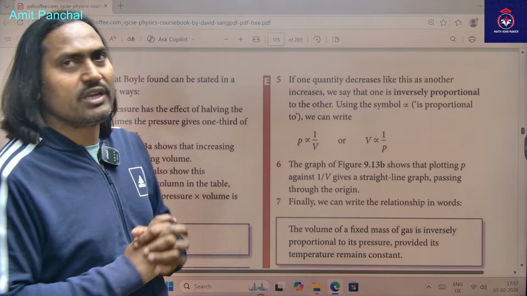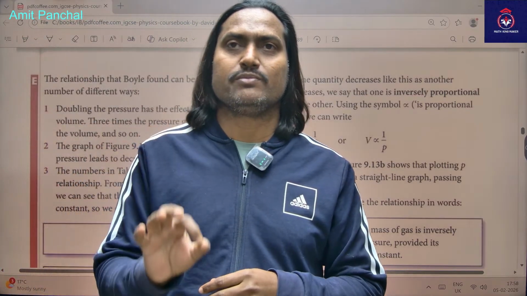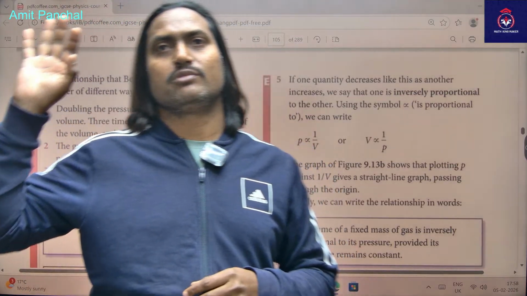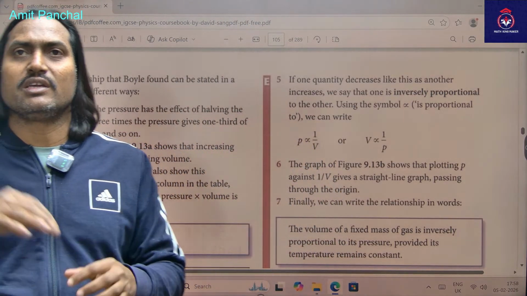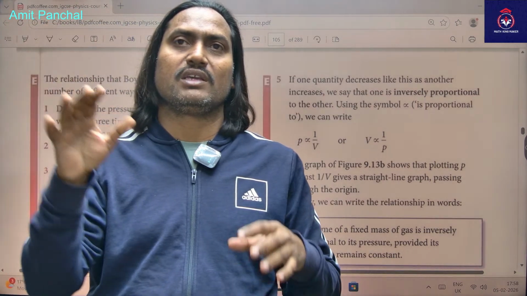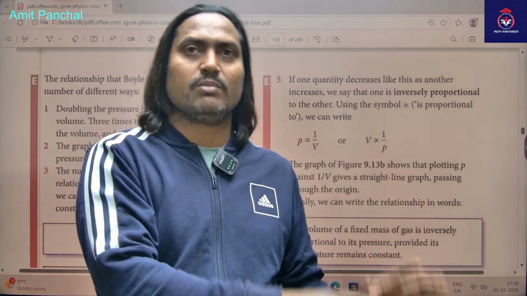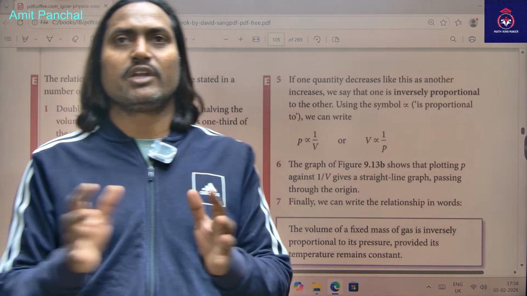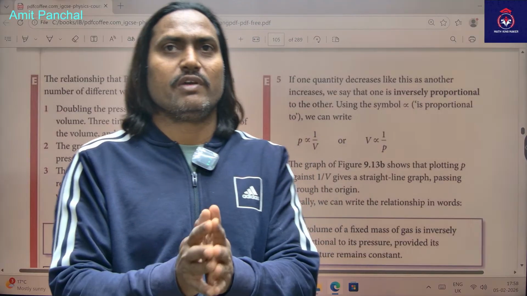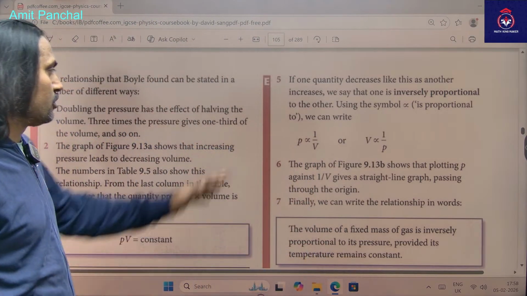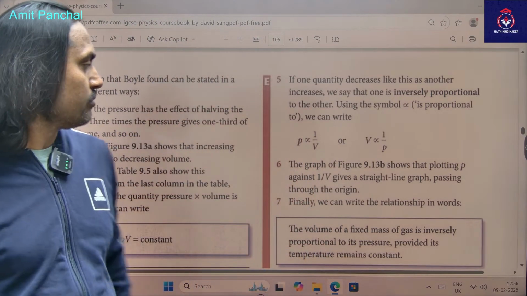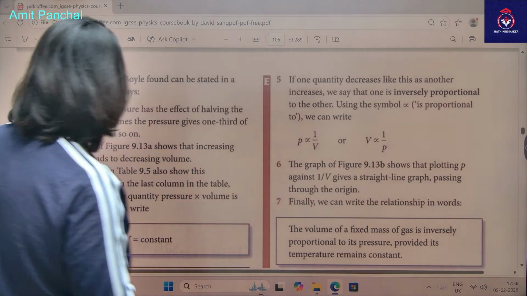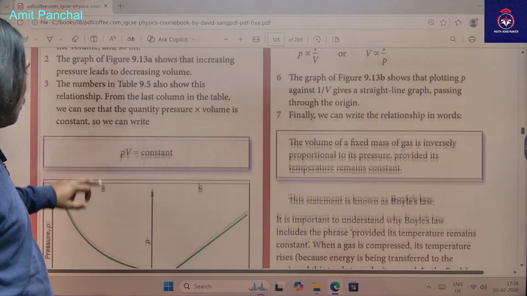If you decrease pressure 2 times, then your volume will increase 2 times. Whatever the decrease in pressure, there is an increase in volume, because their product is going to be a constant value. Just note it down: Boyle's law, PV is equal to constant, because we'll do more questions on that law.